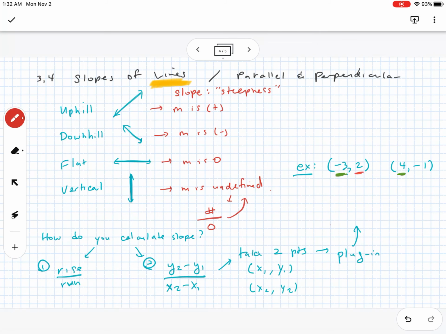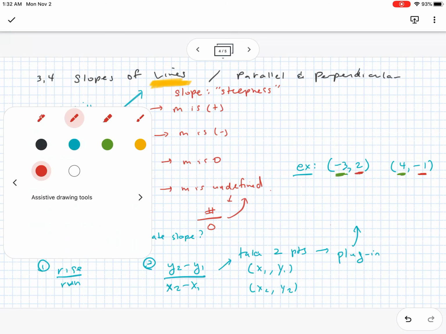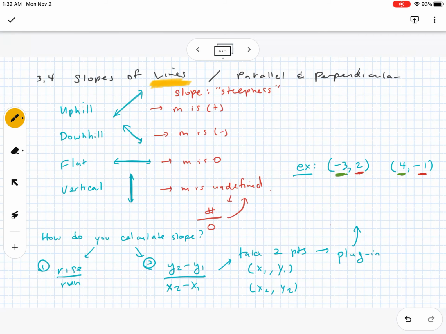Then we can clearly see that these are the x's, and these are the y's, because the x is always the first number and y is always the second number. To classify which one's x1, y1, we just look at the first one as x1, y1 because it comes first, and the second one would be x2, y2.